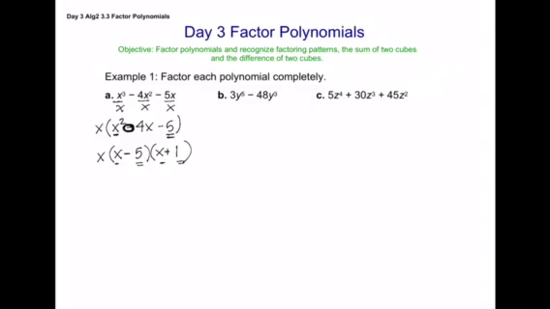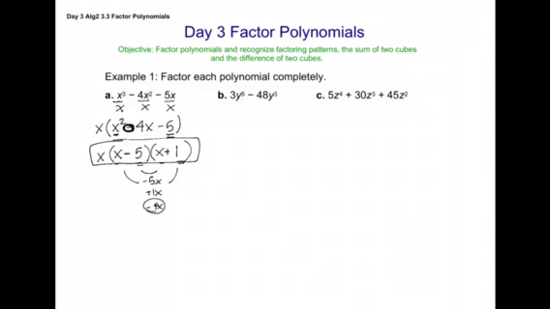Quickly check your answer. So we know negative 5x plus 1x is negative 4x, and we know we factored this correctly. So our solution is x times the quantity of x minus 5 times the quantity of x plus 1.